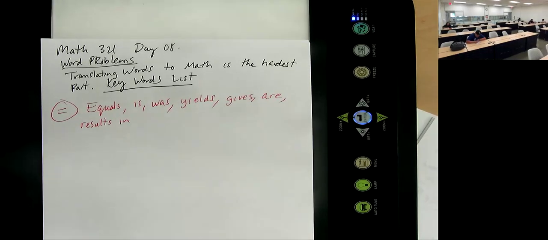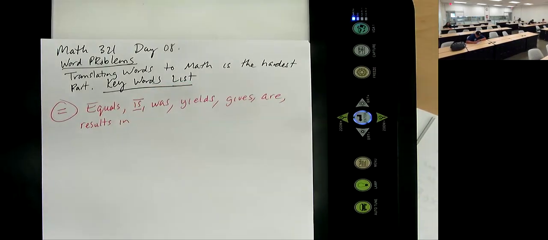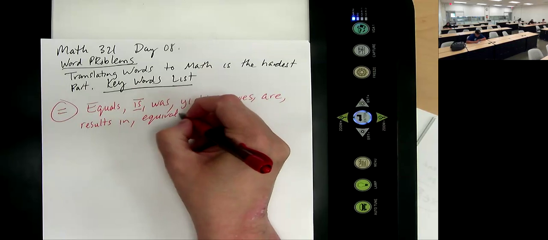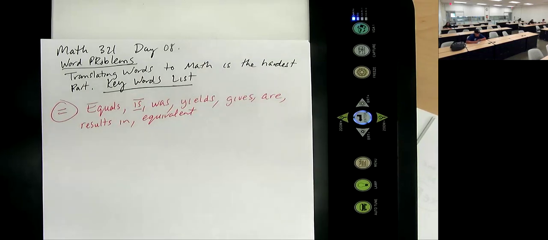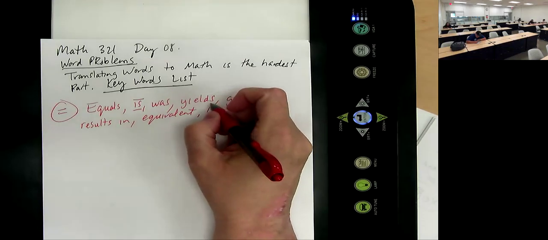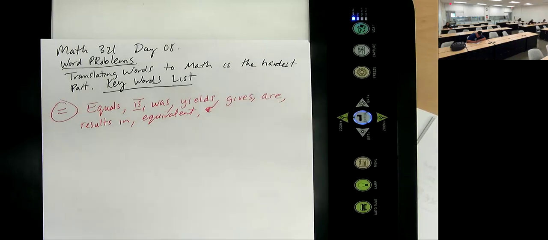These can imply the equal sign. Oftentimes is very much an equal sign. You'll see it a lot. You might see the word equivalent. I was gonna use another word, but I think that goes to the next category a little bit better.